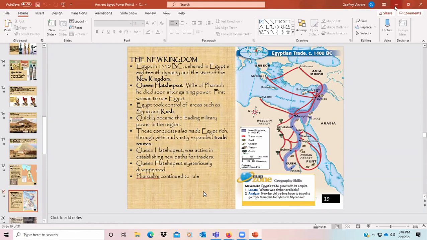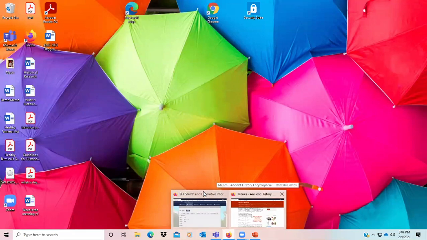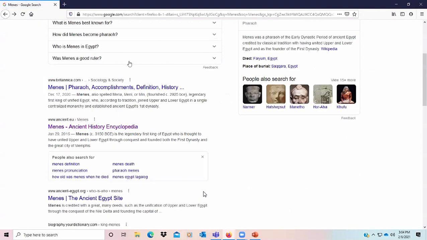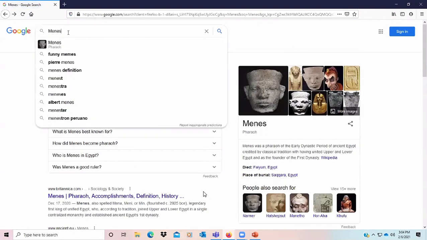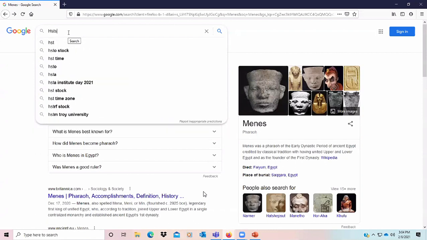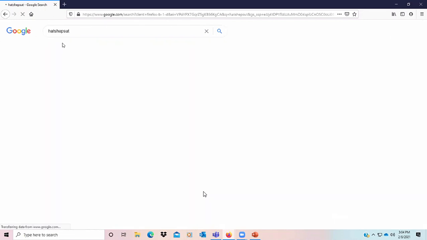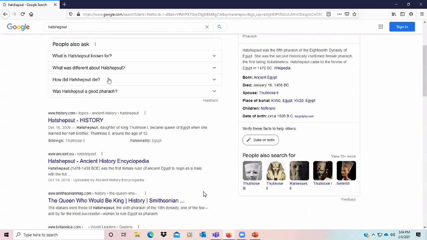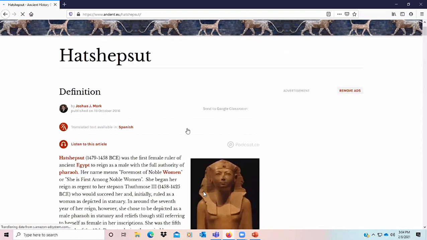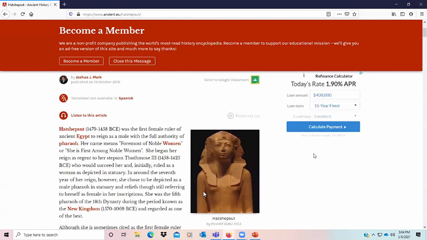If you want to know, is she real? Was this real or was this a story? Again, you can go to ancient EU, and this is her here, Queen Hatshepsut.